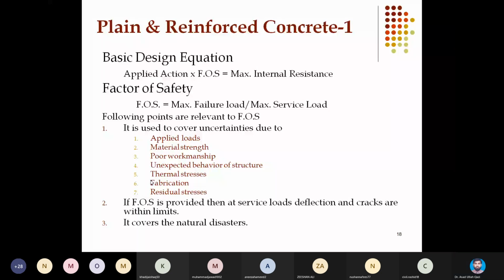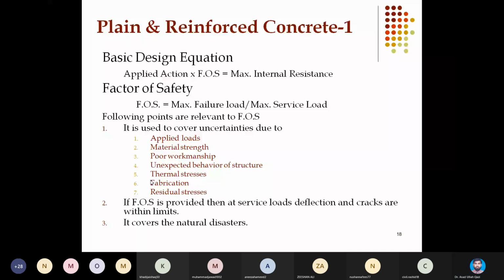So exaggeration occurred, and total load applied is now 1000 kg per meter square instead of the service load 700 kg per meter square.